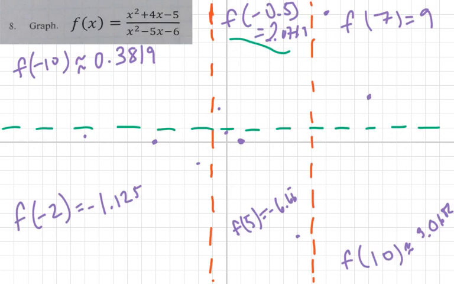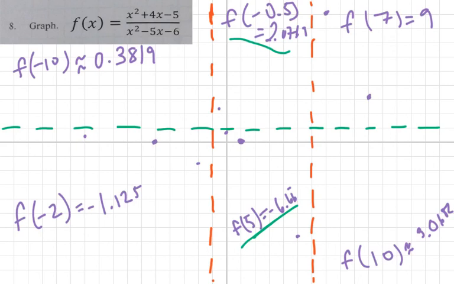But then I also was like, well, what's happening over here closer to the x equals 6 asymptote, this second vertical asymptote? So I also added in f of 5 and got that that is equal to -6.66, repeating.